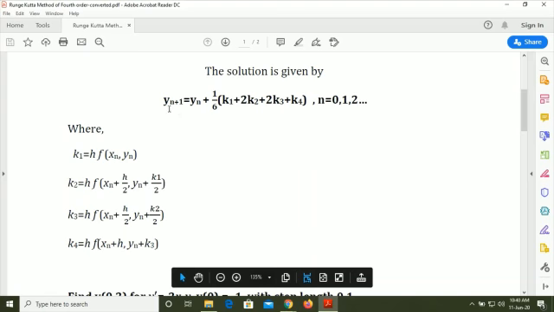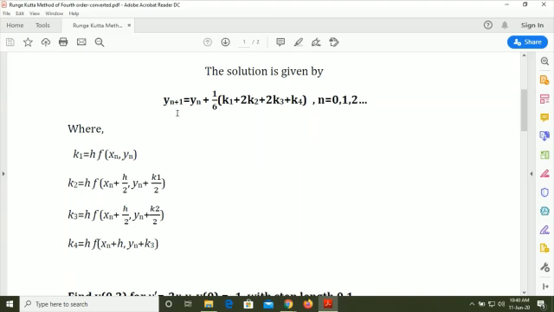And if we have to find y2, we have to start from y1. So, y2 will be y1 + 1/6 (k1 + 2k2 + 2k3 + k4).